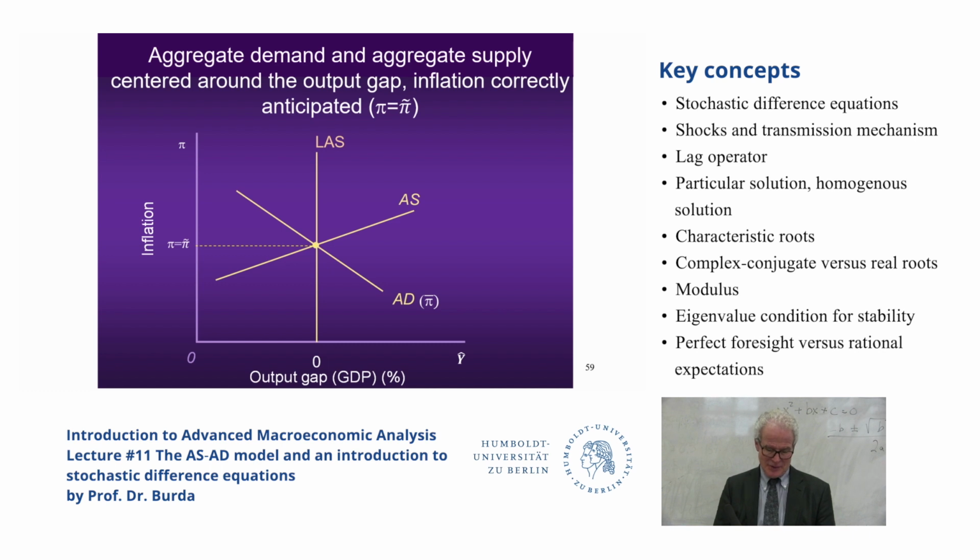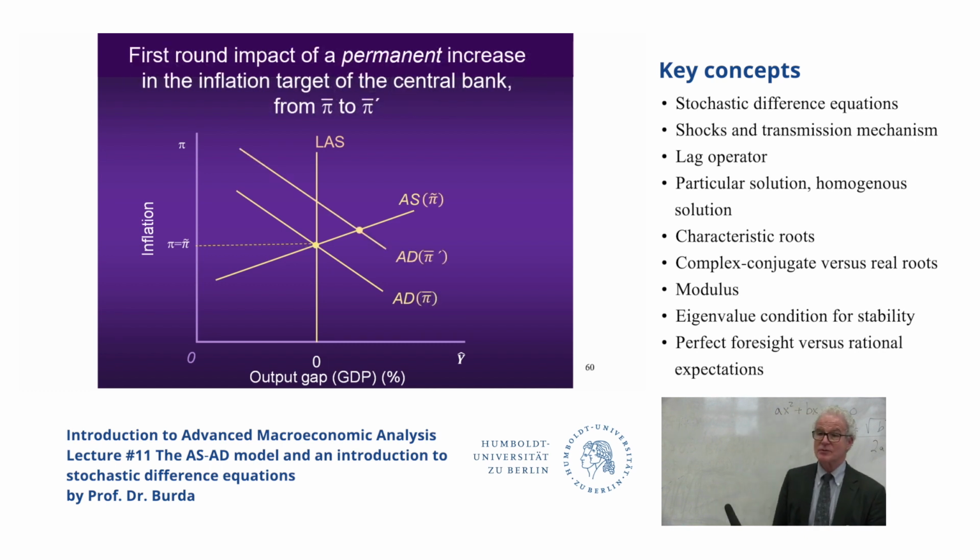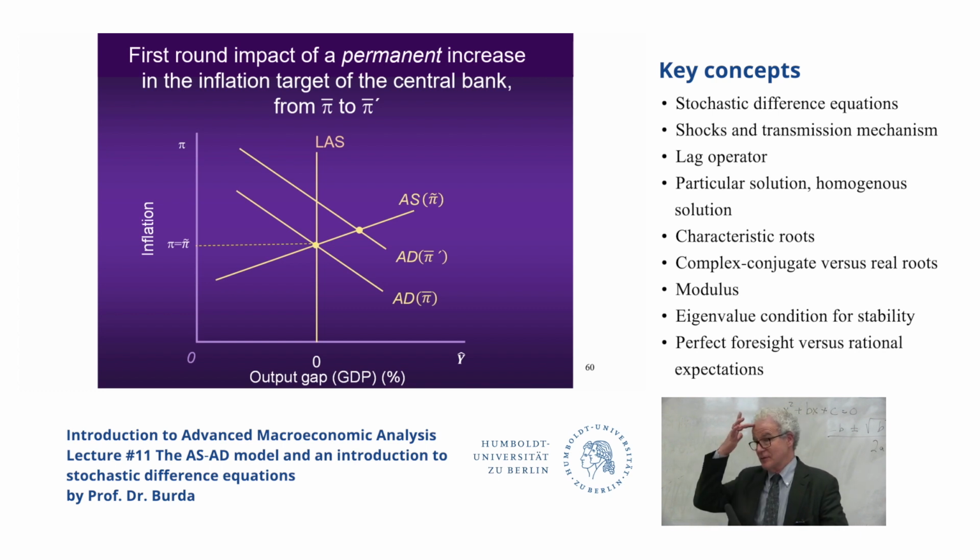Okay? So now what happens if the central bank suddenly says, to hell with that, we're going to shoot for 5% inflation instead of 2%? Just a thought experiment. And suppose people didn't get it at first. So they wrote contracts expecting 2% inflation, firms deliver expecting 2% inflation, they mark up on that, and then all of a sudden we get this big surge in demand coming from a permanent increase in the central bank's inflation target.